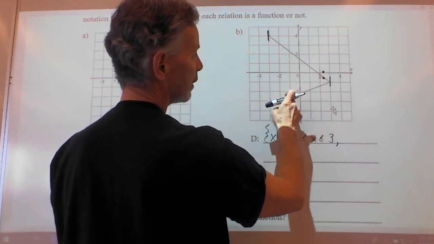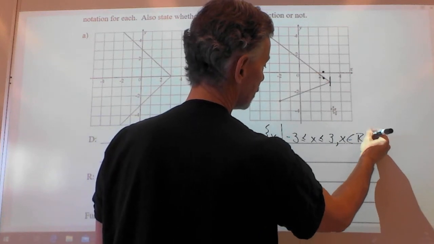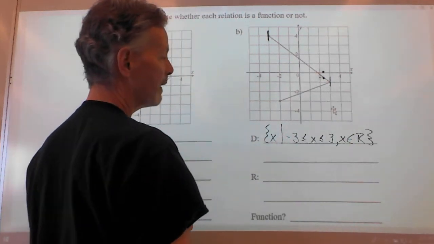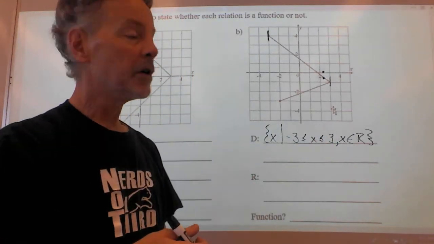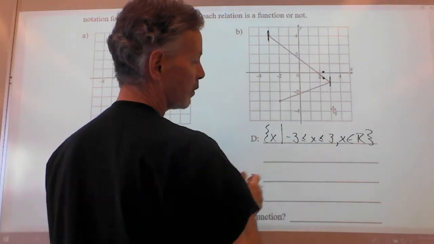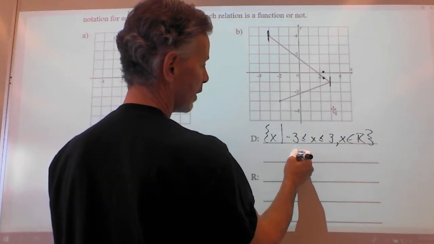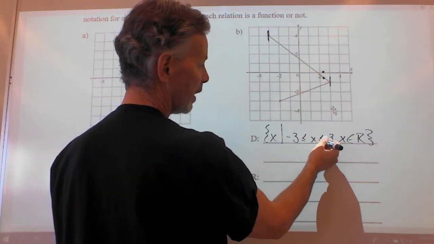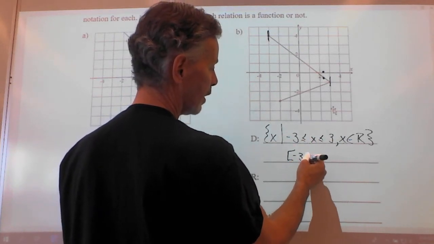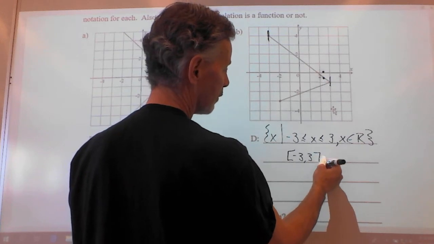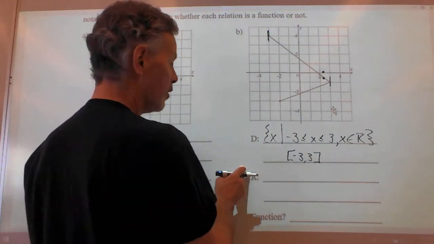And again, because we have a solid line, we say that X is an element of the set of real numbers. Okay? Now, once you've got your set builder notation, the interval notation is easy because you're always using the same numbers. Because X can be equal, we use square brackets, -3, comma, +3, and again, square brackets, and we're done.